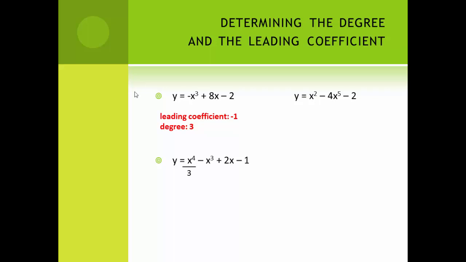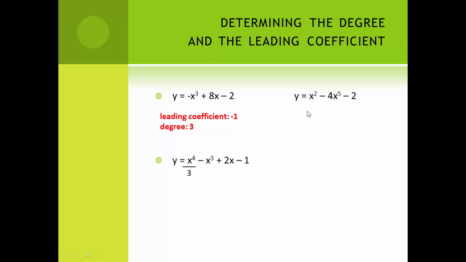Let's look at the next example here. We've got y equals x squared minus 4x to the power of 5, subtract 2. So we have to be careful here. Normally when we arrange these variables, we do it from the highest to the lowest. But in this case, it isn't done like that.